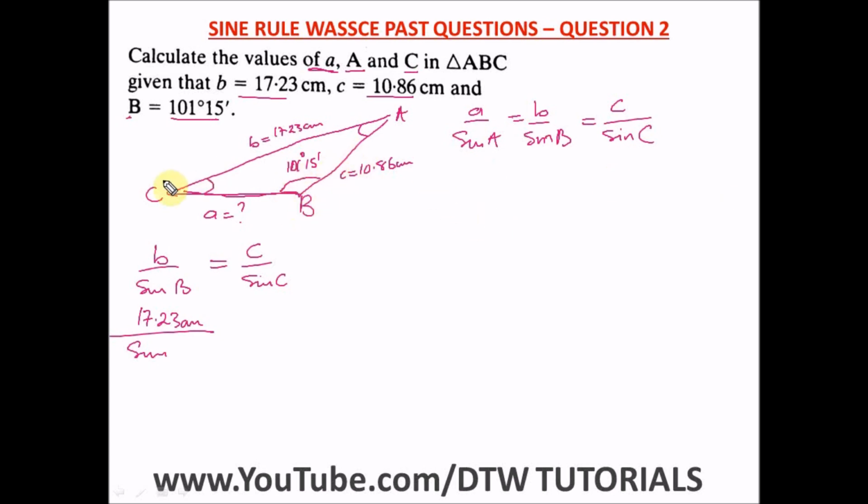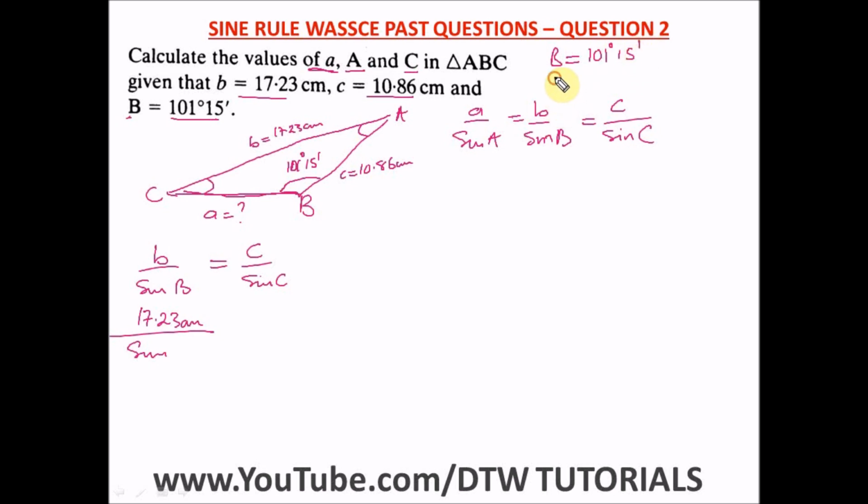It's always best, if it's a theory question, to state all your values down. If you're given capital letter B, you write it, 101 degrees 15 minutes.